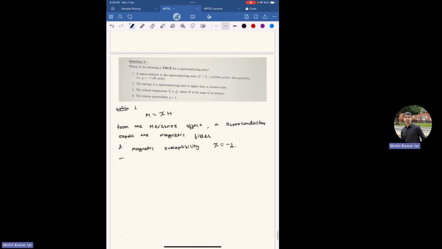This means that the internal magnetic field is zero, because the magnetic field cannot exist inside the superconductor.